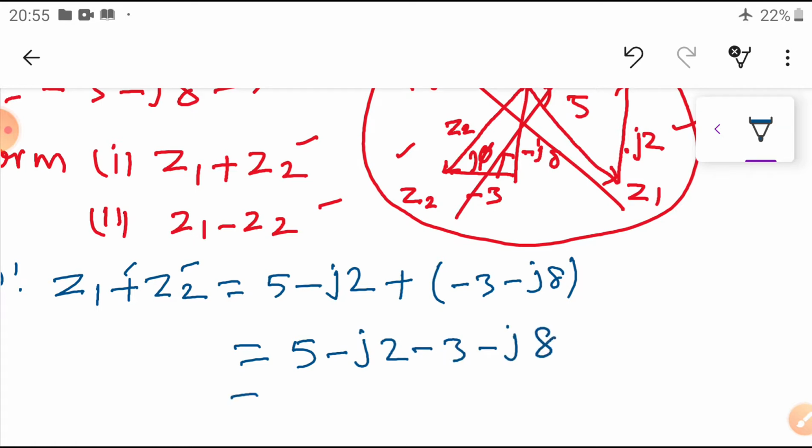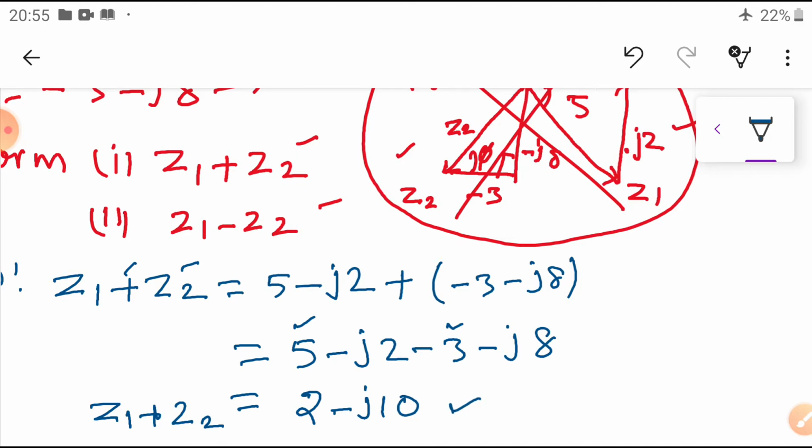Now combine the boys. Here 5 boys, here 3 boys. Combine: 5 minus 3, we get 2 boys only. The girls: minus 2 minus 8, we get minus j of 10. So this is the addition Z1 plus Z2.